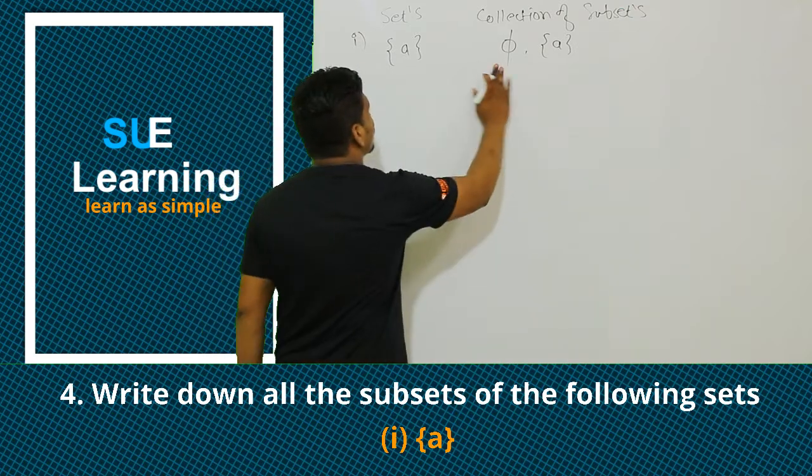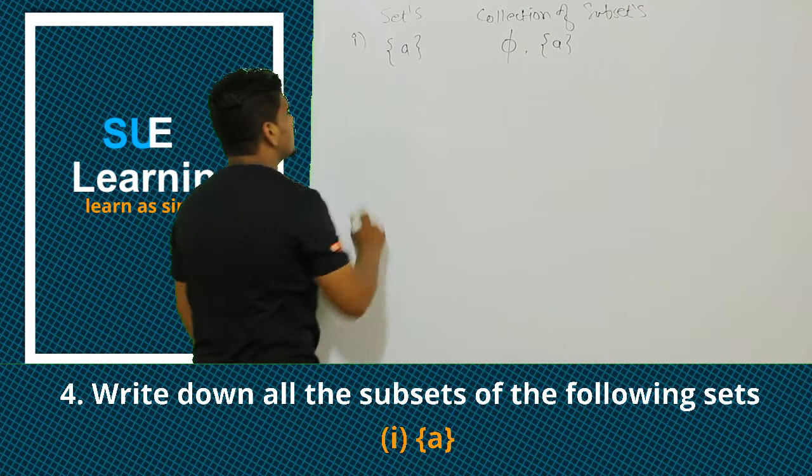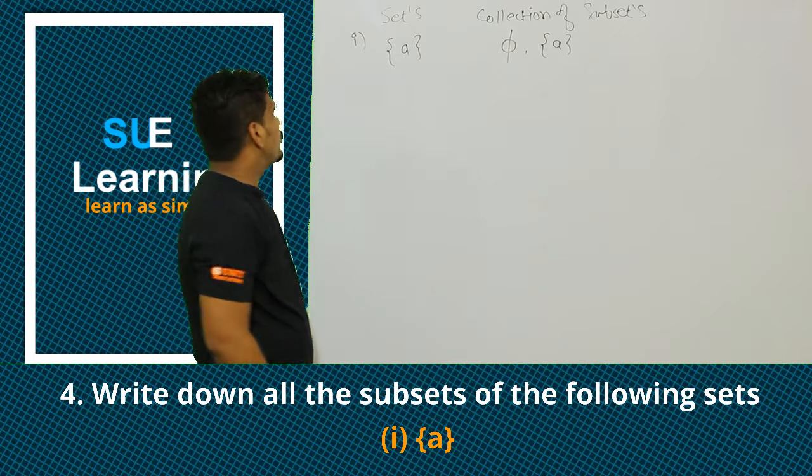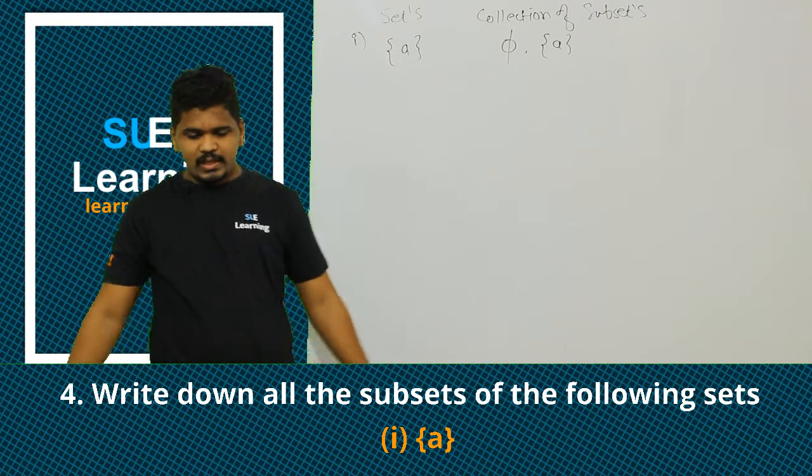Okay, now by default φ और अपना improper singleton set will become its subset. Okay, इसमें कुछ नहीं था, तो चलो देख लेते हैं next example.